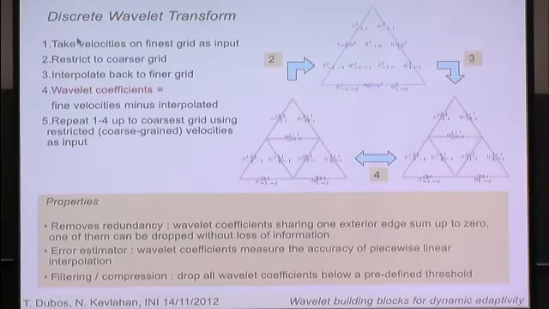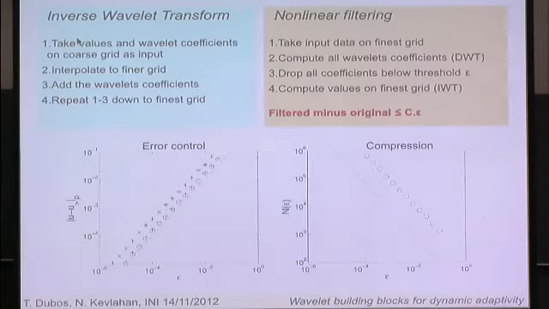So I will be able to use this property to do some filtering or compression, and typically I will tend to drop all wavelet coefficients that are lower than a certain threshold, and in this way I will introduce errors that are less than this threshold times some constant. Okay, so this can actually be checked numerically.